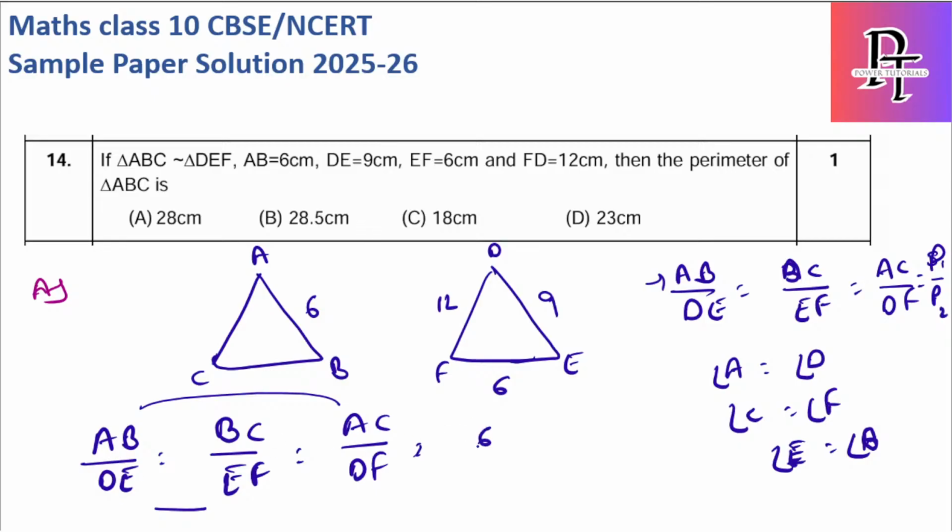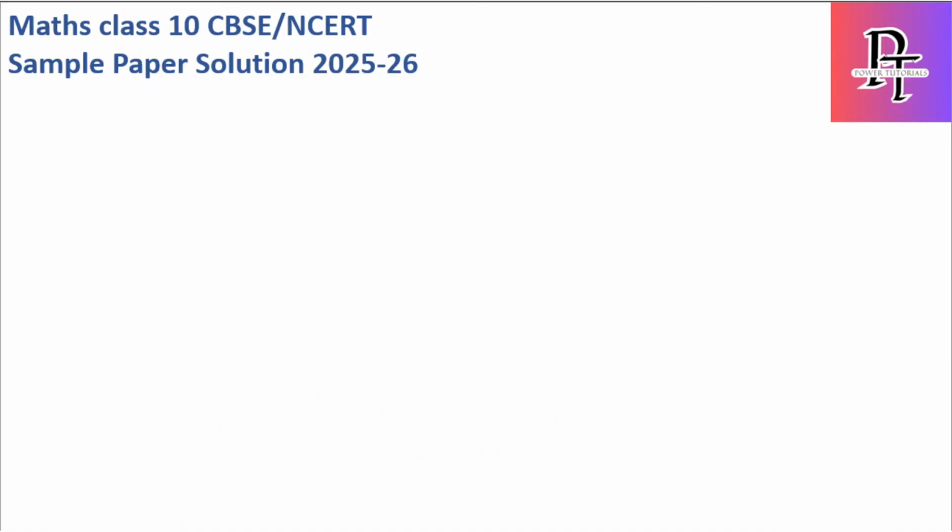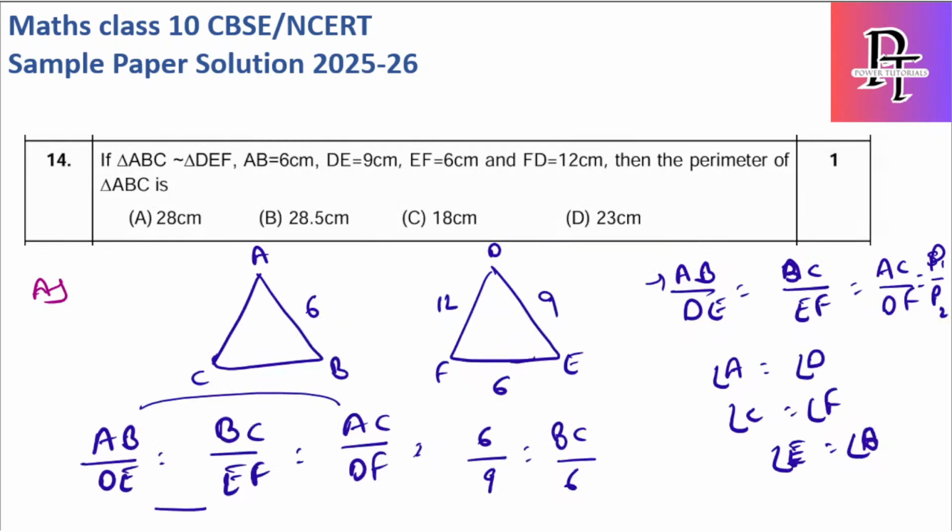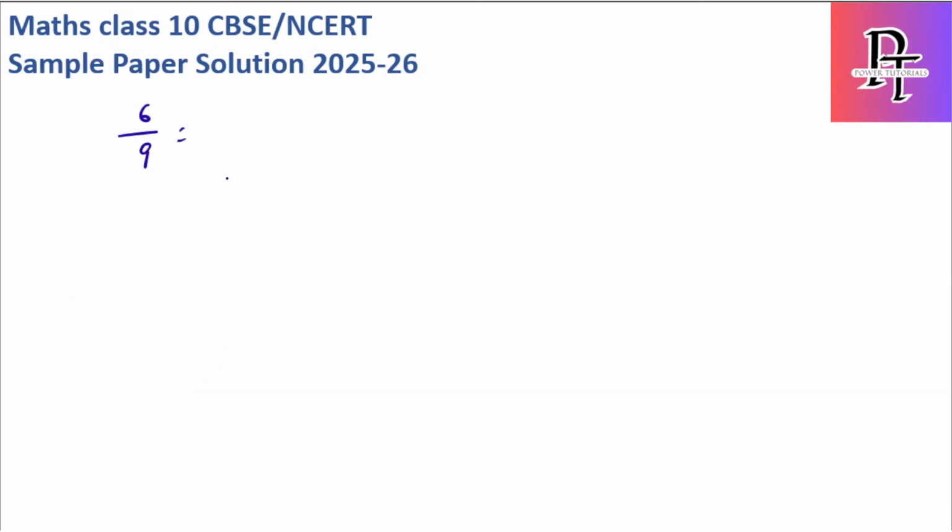AB we have, which is 6, by DE we have 9, is equal to BC, which we need to find, by EF, which is 6. So 6 by 9 is equal to BC by 6. So the BC value will be 6 into 6 by 9, which is 36 by 9, which is 4.